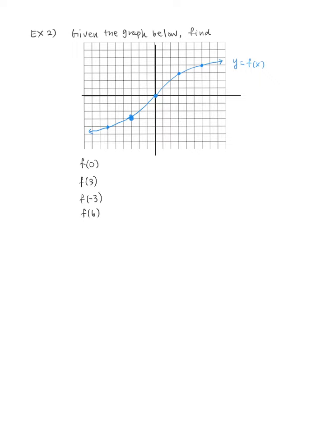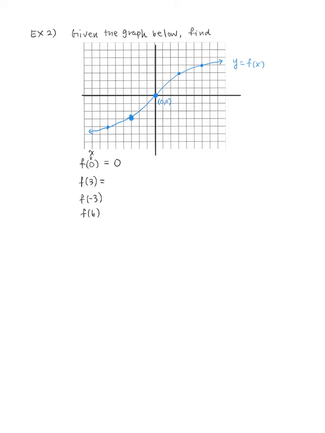What this is asking is, when x is 0, what is the corresponding y value? Well, when x is 0, our y value is also 0. Because this is the point (0, 0), and remember y equals f of x, so this is going to be 0.